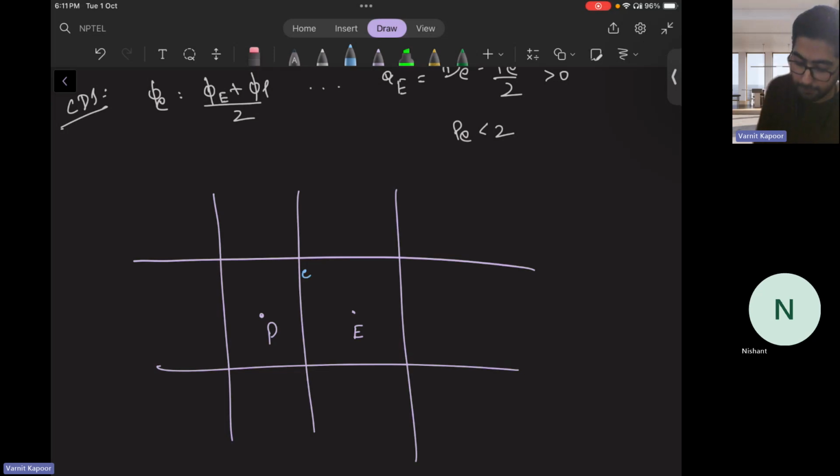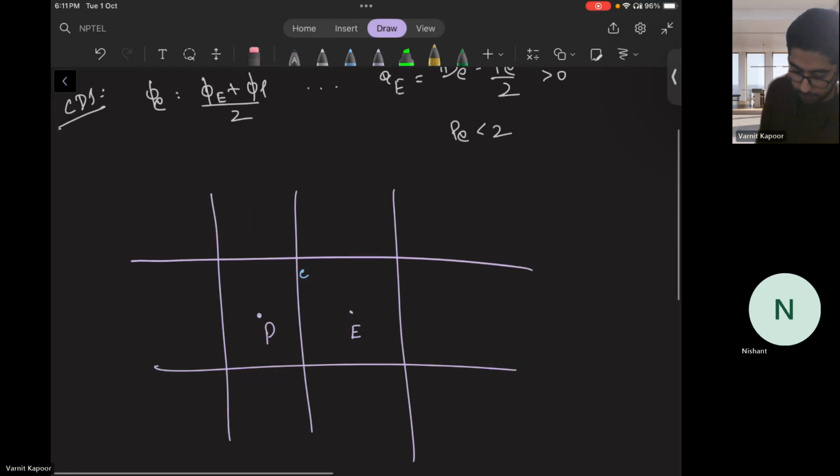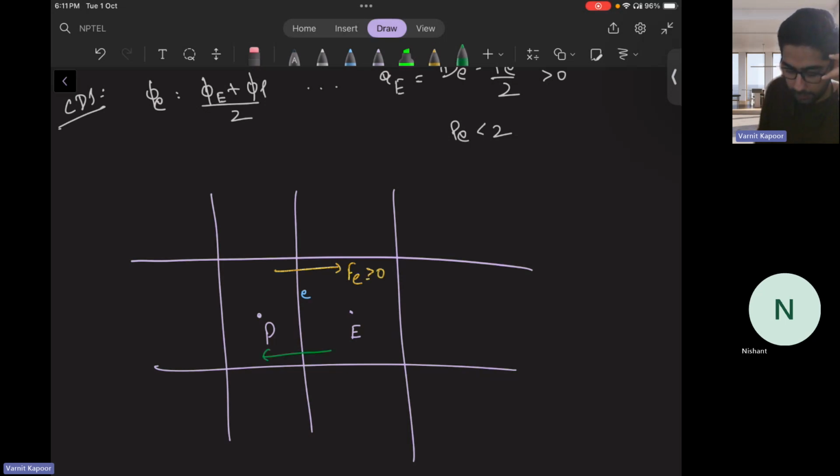If your convective flow FE is from left to right, that means it is greater than or equal to 0. Else, if it is right to left, then FE will be less than 0.